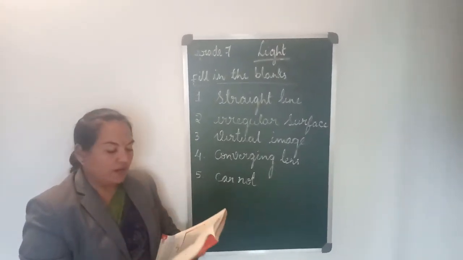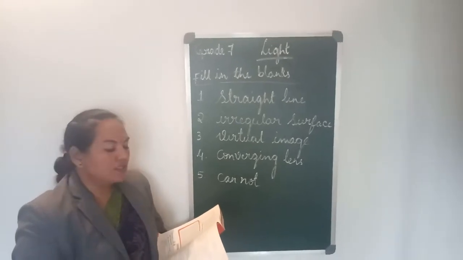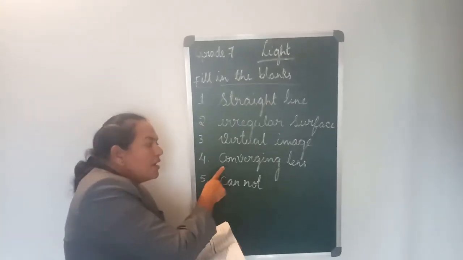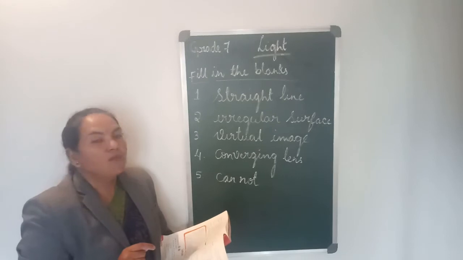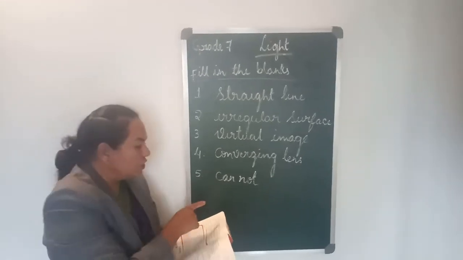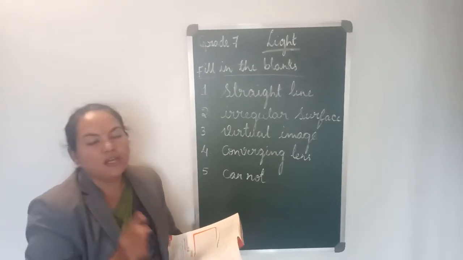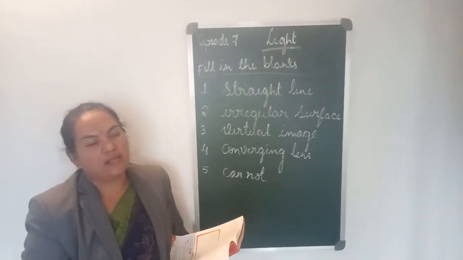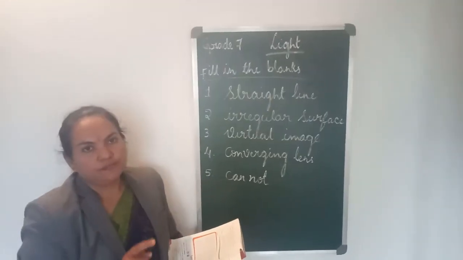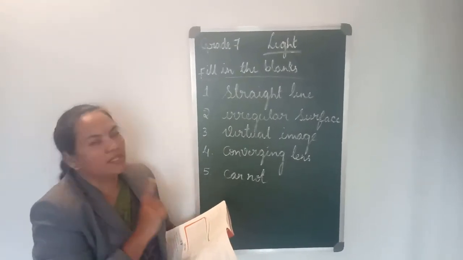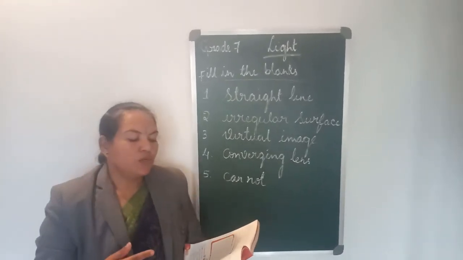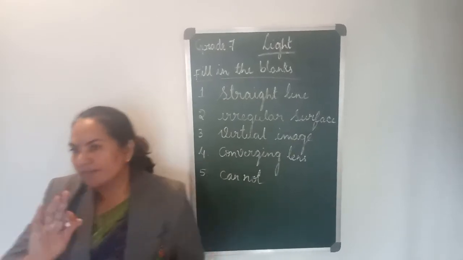Now the fourth one. A concave lens is a converging lens. Now the fifth one. A virtual image cannot be formed on the screen is the answer. Now these are about filling the blanks. Now let us move to choose the correct option.